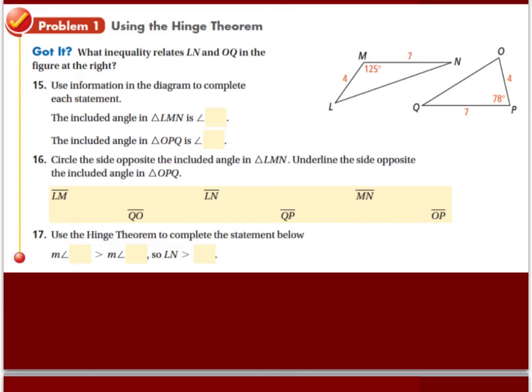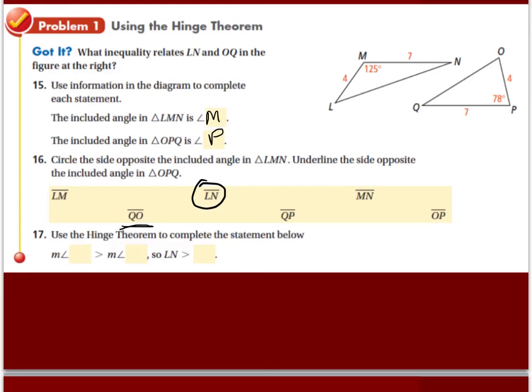The included angle in triangle LMN is angle M, and the included angle in triangle OPQ is angle P. Circle the side opposite the included angle in triangle LMN, so the side opposite is LN, and underline the side opposite the included angle in OPQ. Here's P, so it's OQ, or QO, so we're going to underline that.